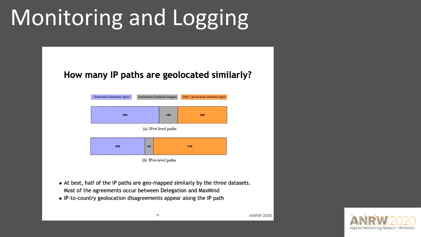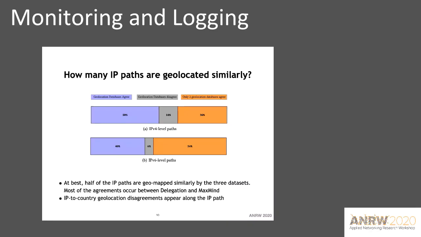In the first case, the IP is owned by Level 3 and is mapped to Great Britain by Delegation and MaxMind and to the US by IP2Location. The second IP is currently owned by Cogent, but was previously owned by a US company which was acquired by Cogent. Each geolocation data set mapped this IP to a different country.